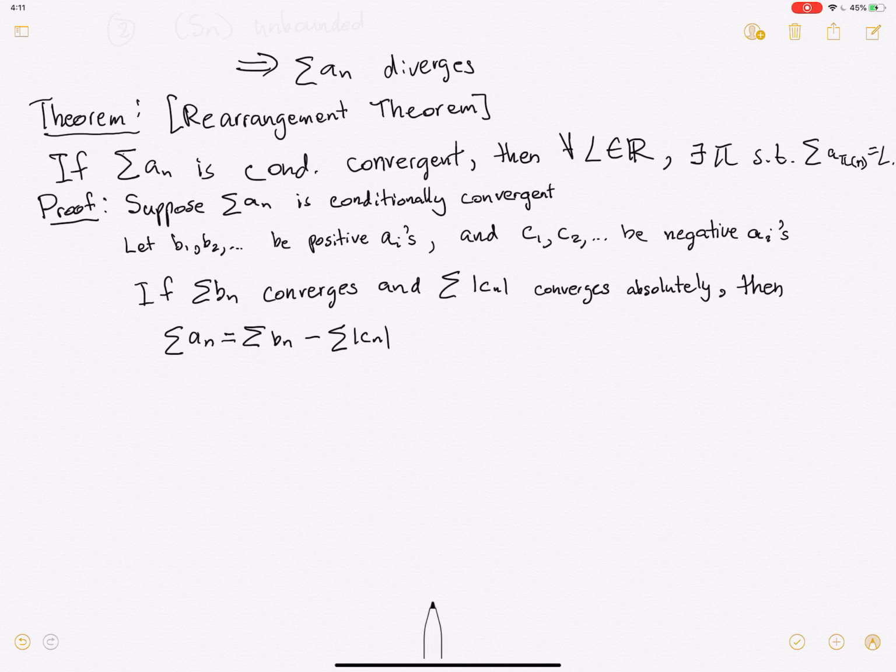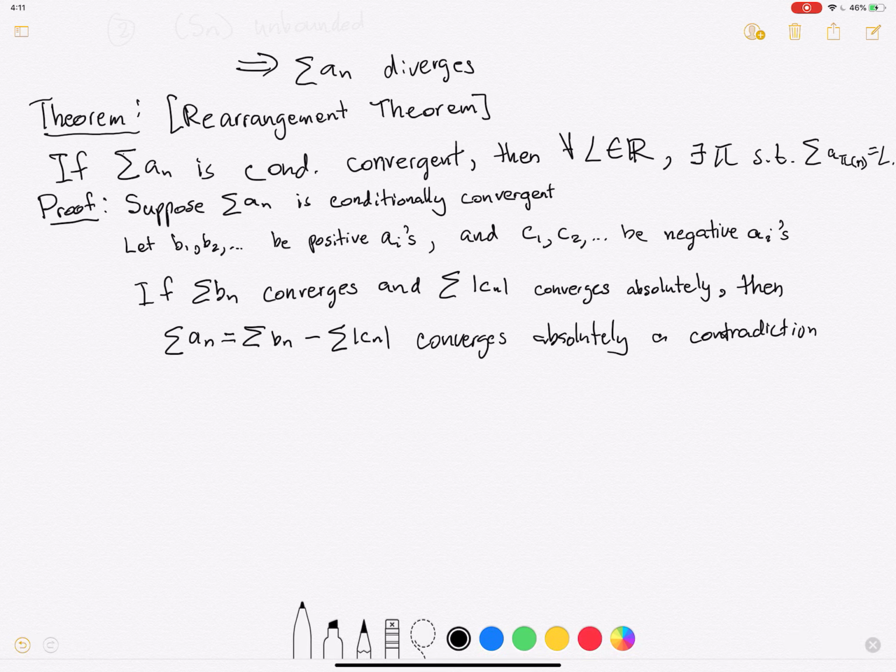If you take an absolute value in there, it would just converge. So that's a contradiction for the sum of B_n converging and the absolute values of C_n converging. I'll just highlight the part that's a contradiction. So that can't be true.